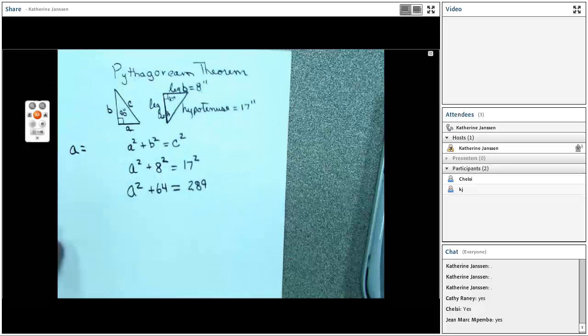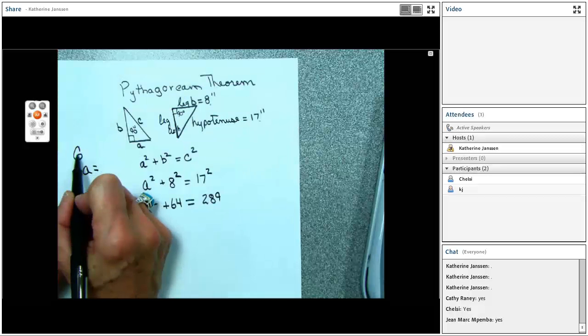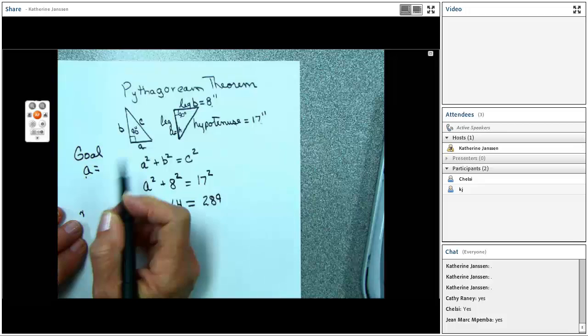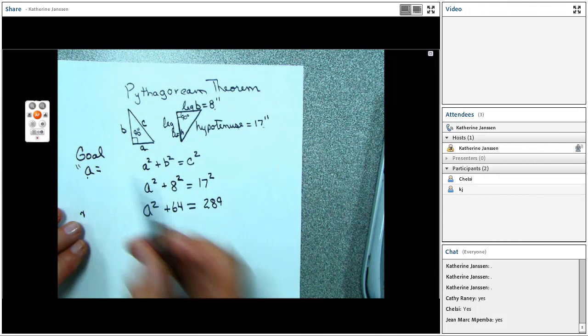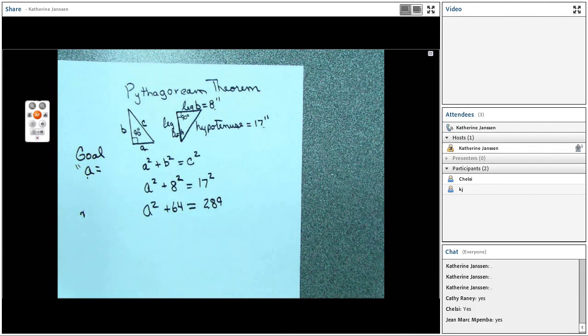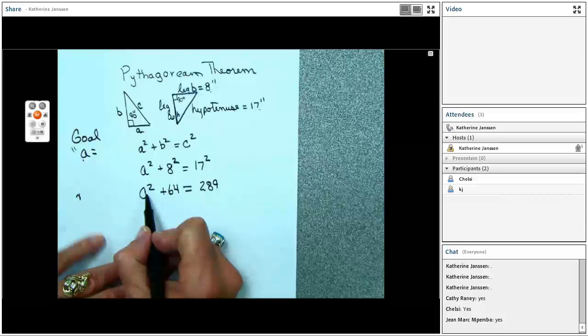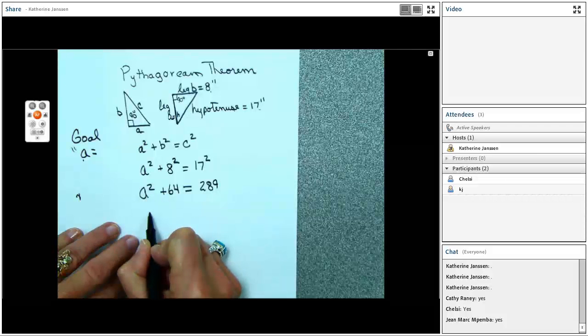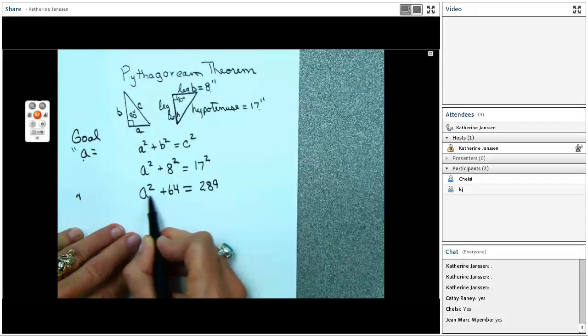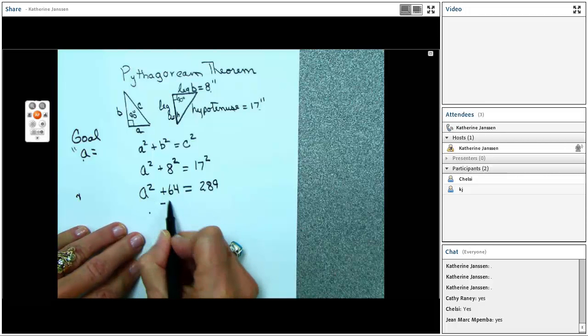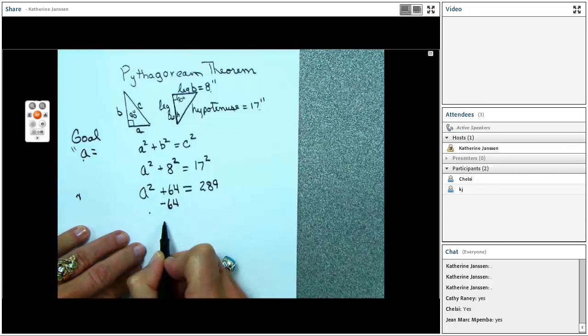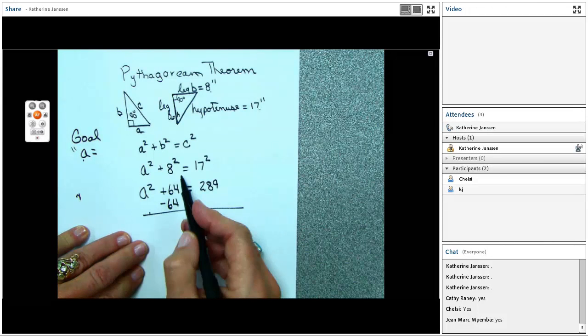Now we're trying to solve for A. When we're solving equations, we're trying to solve for a variable, A equals, not A squared. We have A squared, but if I try to isolate that term, I can use my addition principle and subtract 64. That'll go to 0.